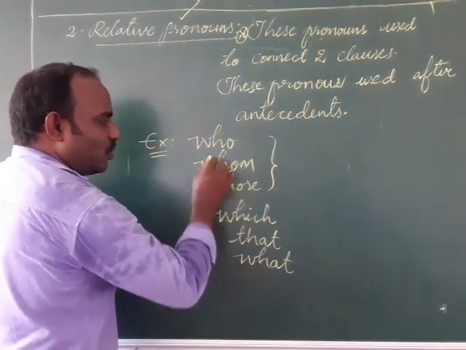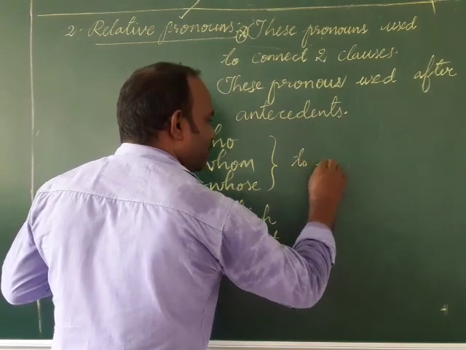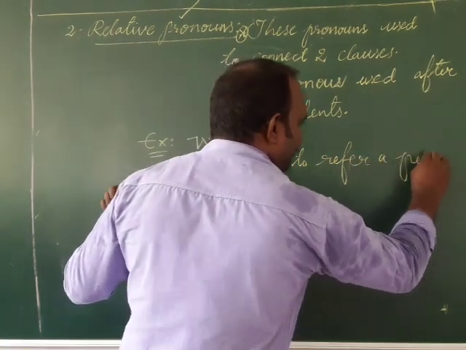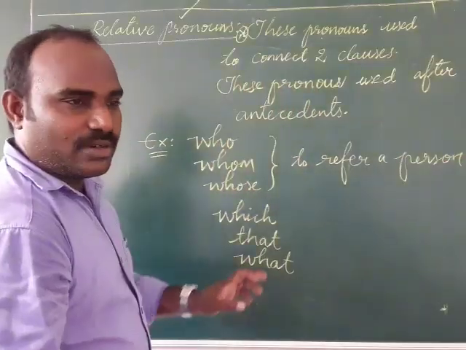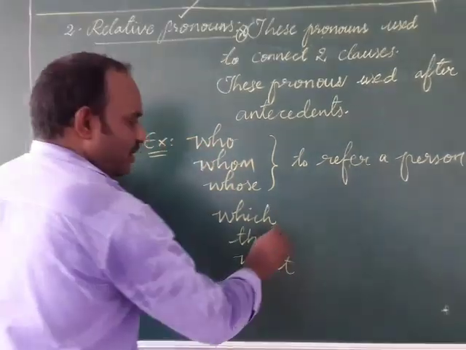See, these three, who, whom, whose, are used to refer to a person. To refer to a person, అంటే వ్యక్తులను సూచించడానికి చెప్పేటప్పుడు we use who, whom, whose.